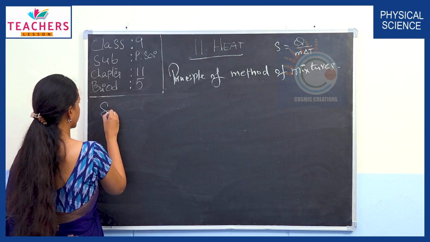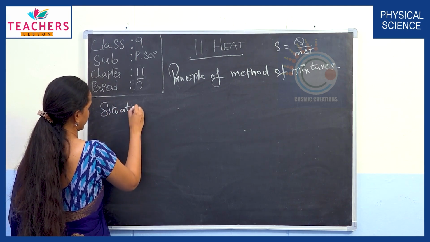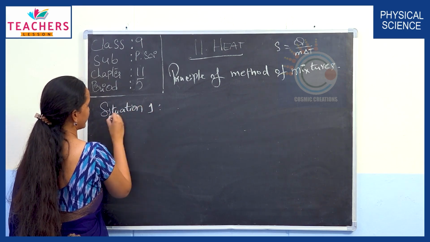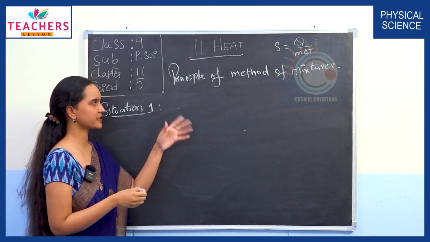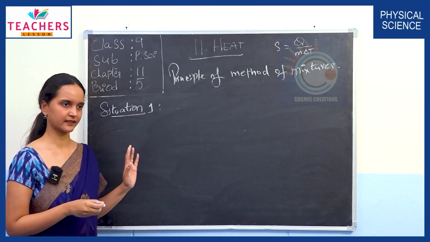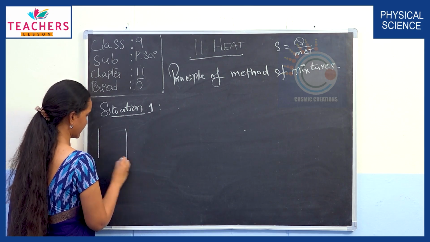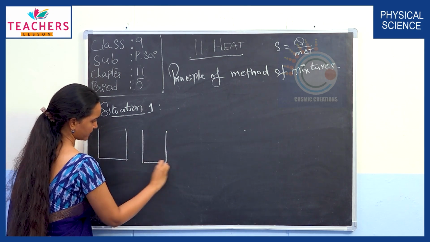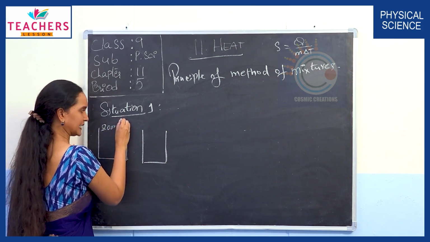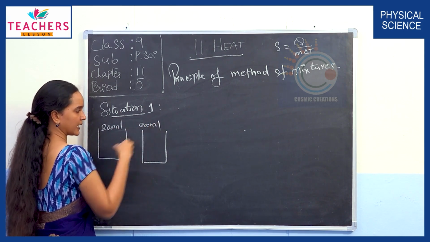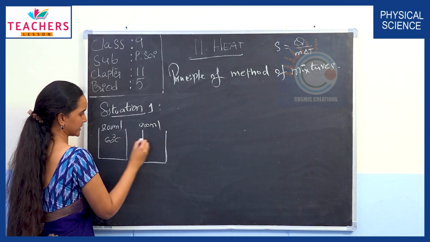What was the first situation that we talked about, wherein there is no temperature change? Just for the sake of our formula, let's revisit that and check if it works. There are two beakers of water with 200 ml in each, heated up to 60 degrees Celsius in each.